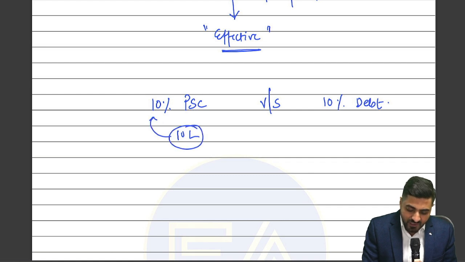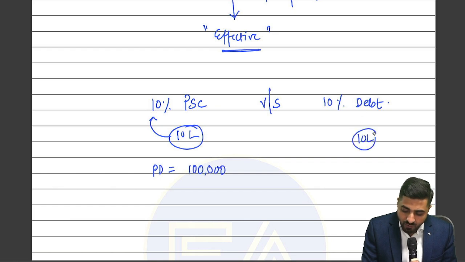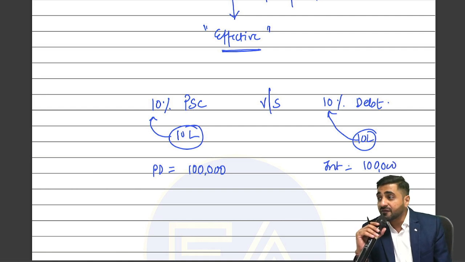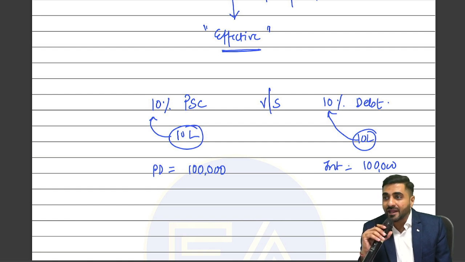On 10 lakh rupees at 10%, how much is the amount of preference dividend you have to pay? And here also there is an option either to raise debt at 10%. How much is the interest? What should you prefer, preference share or debt? Prefer debt. Why? Because on debt you have to pay interest, which leads to tax savings. Whenever I say the basic word cost, actually your effective cost is cost after considering tax impact.